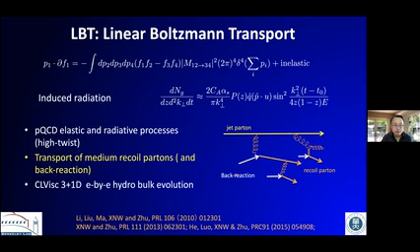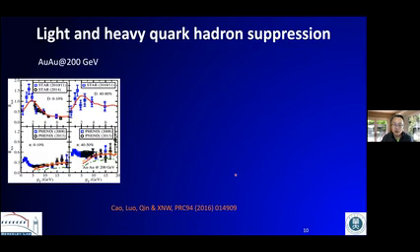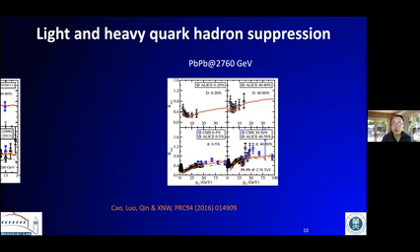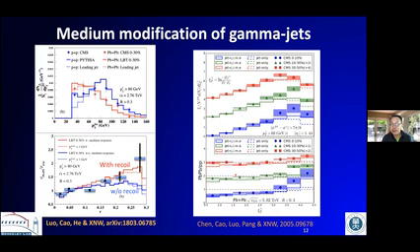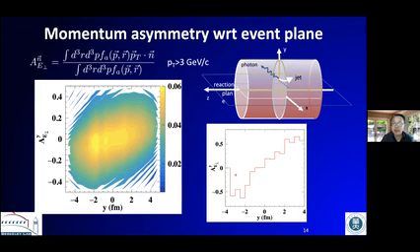I'm not going to tell you about all of the wonderful things that you can do with this LBT model compared to single jet, for example gamma-jet, both for the asymmetry and the modification of the fragmentation function. And so here is the final result of this simulation.